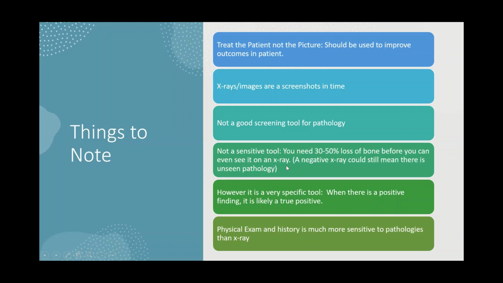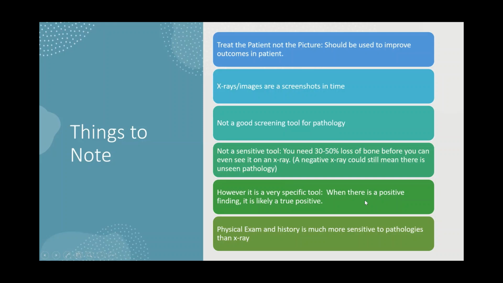So it's not a very sensitive tool in that regard. So a negative X-ray could actually mean there is some unseen pathology. If you're not seeing anything on an X-ray, it doesn't mean that there isn't something going on there. You would want to determine that through your physical exam and history, because the X-ray is not going to show everything. However, the X-ray is a very specific tool.